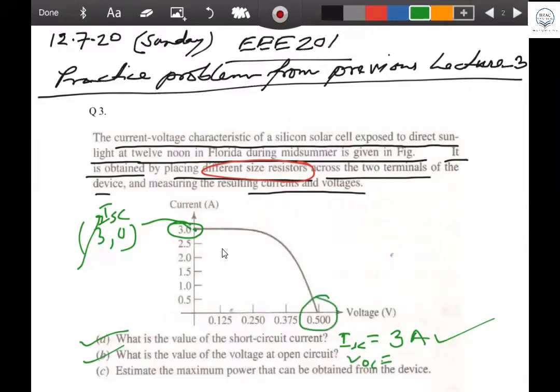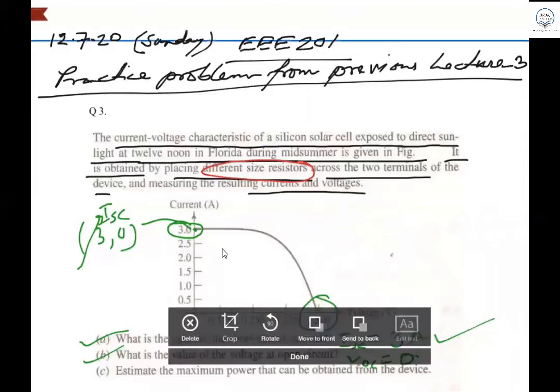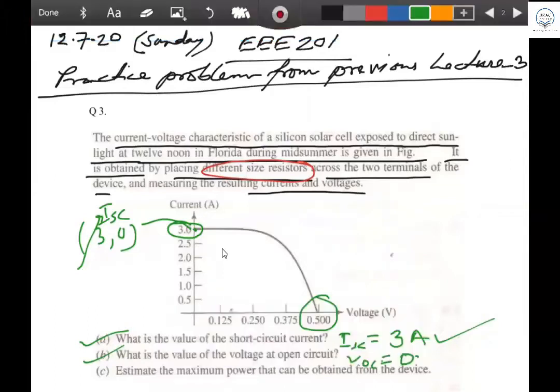Less than 0.5. So those who write 0.5 will not get full marks. Some of you said 0.49. Absolutely, 0.49, 0.48, whatever you write, all are correct. But 0.5 is wrong.